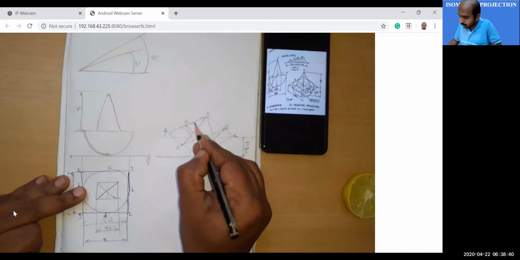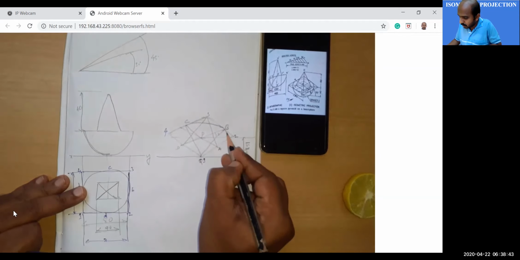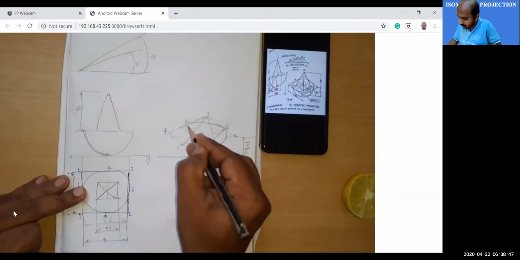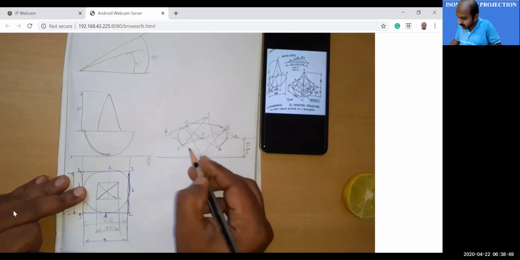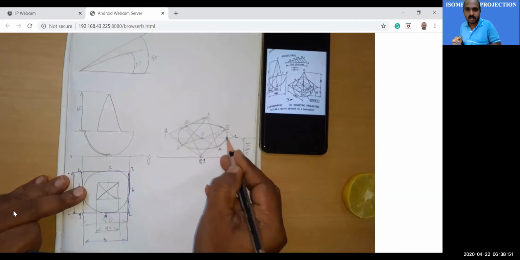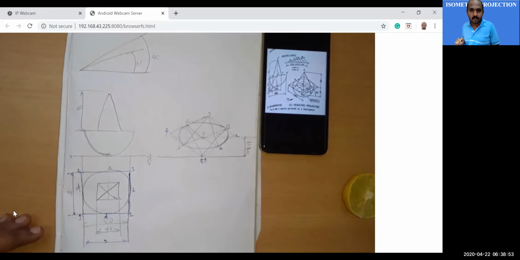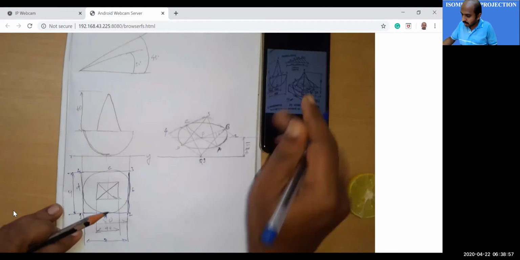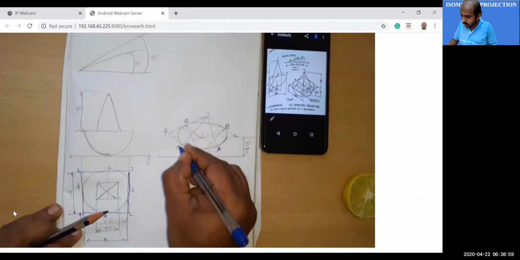So now we can complete the isometric view of the circular face of your sphere. Okay, circular face. So this is capital A, B, C, and D.